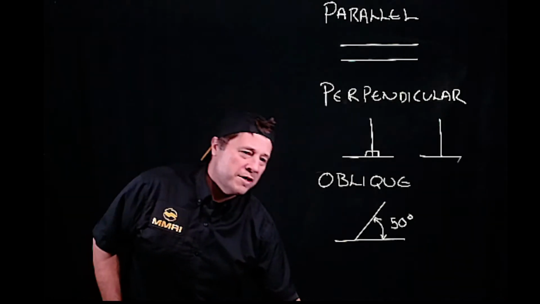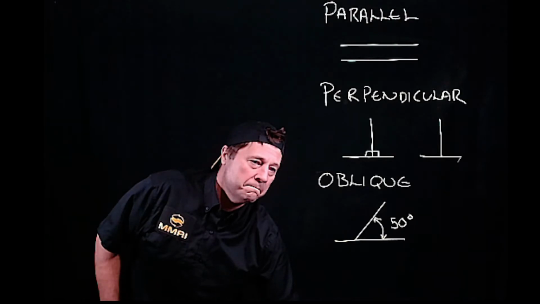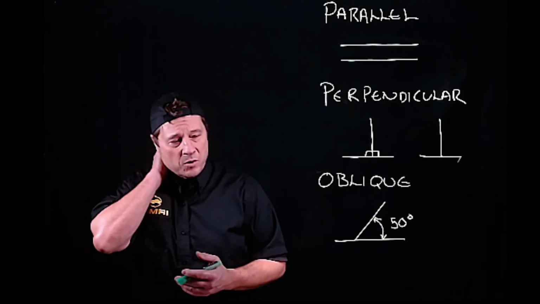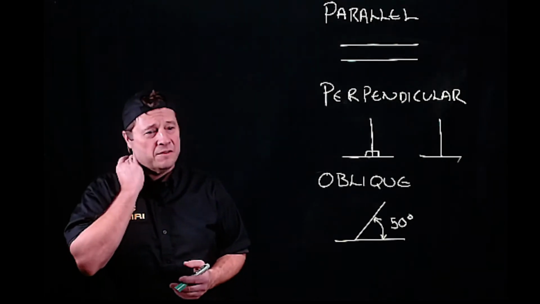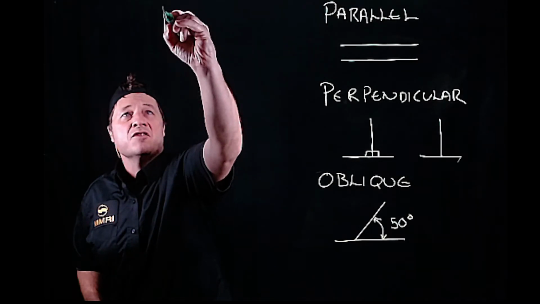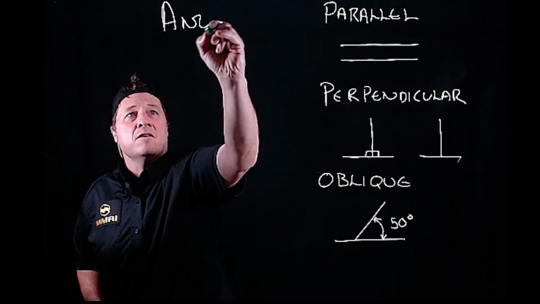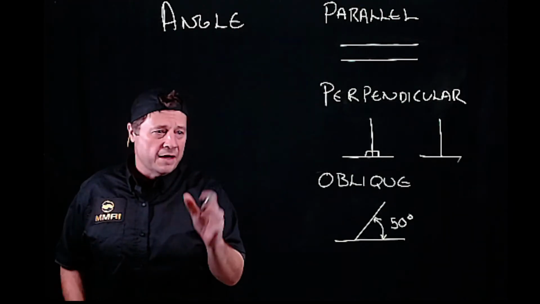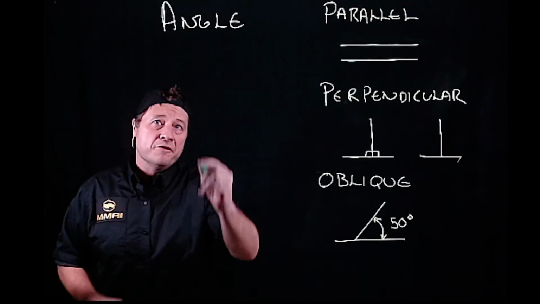So that brings up the question, what exactly is an angle? Most of us know for sure what an angle is, but just for the sake of finishing our definitions, an angle is a figure that consists of two lines that meet at a point called the vertex.